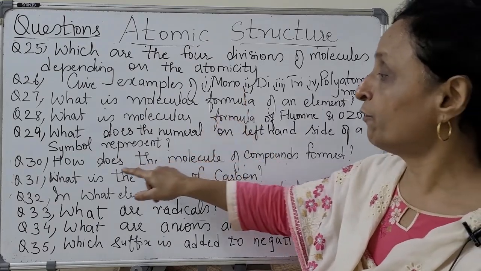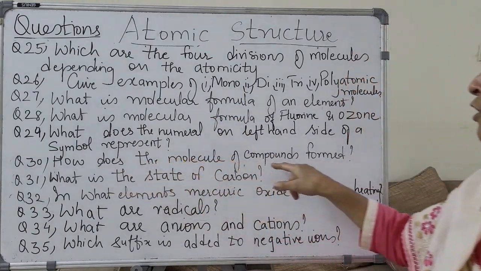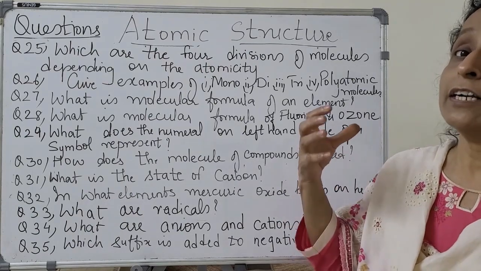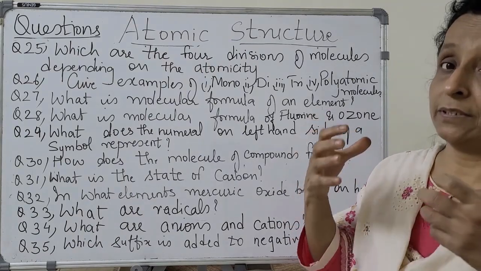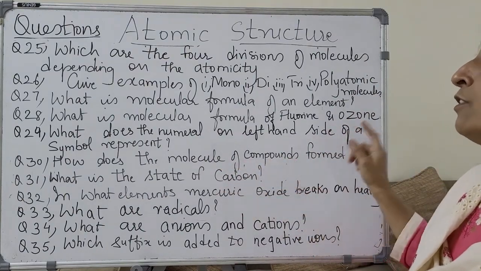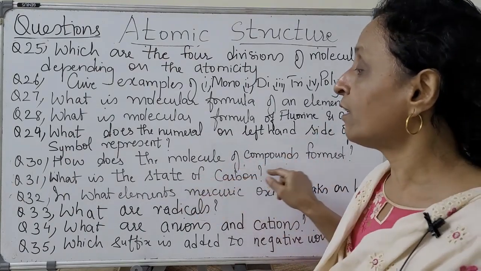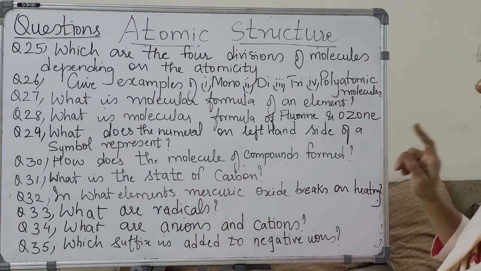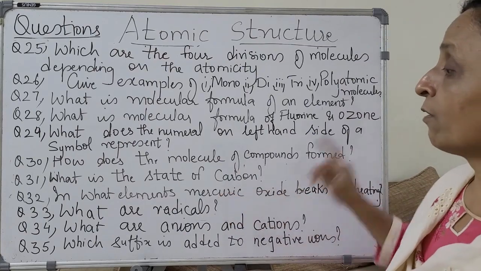That forms the molecular formula. How does the molecule of a compound form? When two or more different atoms combine together, a molecule of a compound is formed. What is the state of carbon? Solid. Into what elements does mercuric oxide break on heating? It breaks into mercury and oxygen.